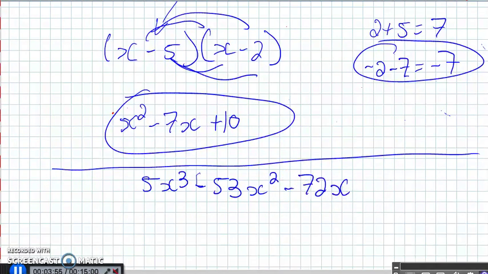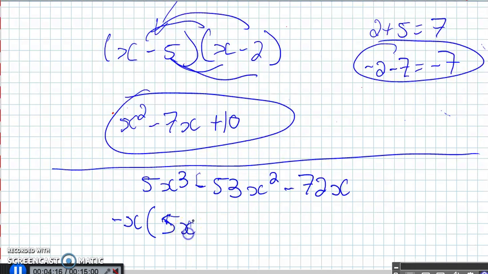Now this one's a bit more complicated because if you see, there is a greatest common factor, basically a factor that could divide all of them by something. And this factor is negative x. So you rewrite it out with the negative x.